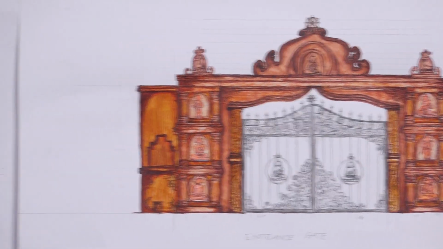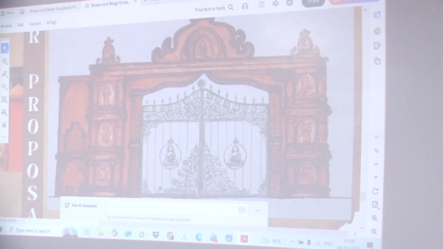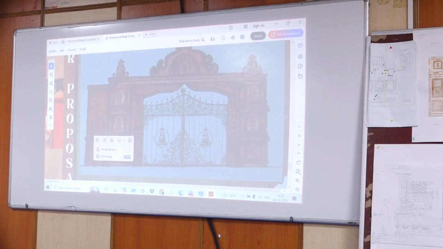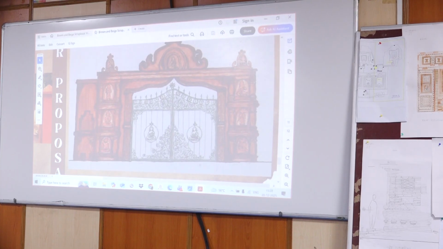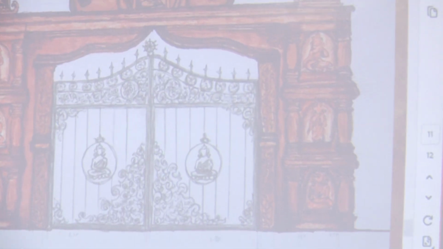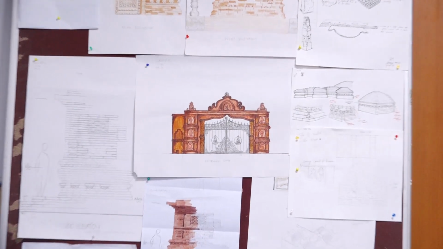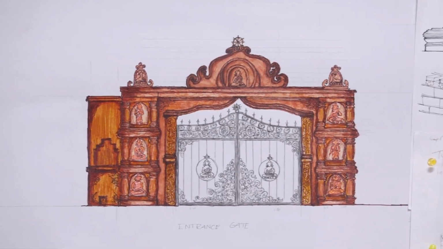This is the drainage that was present on our site. This is the surrounding boundary wall. Together these elements combine symbolism, craftsmanship and functionality, creating an entrance that resonates with the spiritual and architectural legacy of Nalanda.